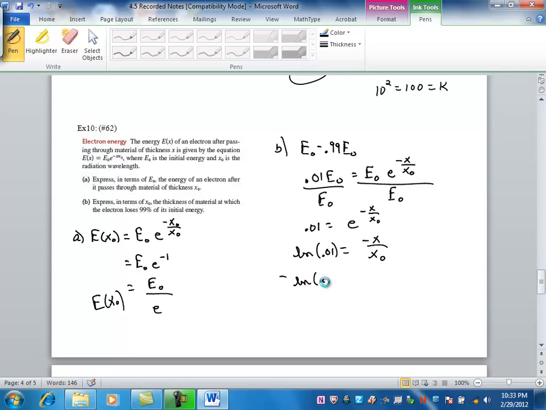Negative natural log of 0.01 equals x over x sub naught, and then x equals negative x sub naught ln 0.01. And there we go. You know, we could move this negative up here, and we could change that, but we're good with what we've got right here. That's what they're asking for.